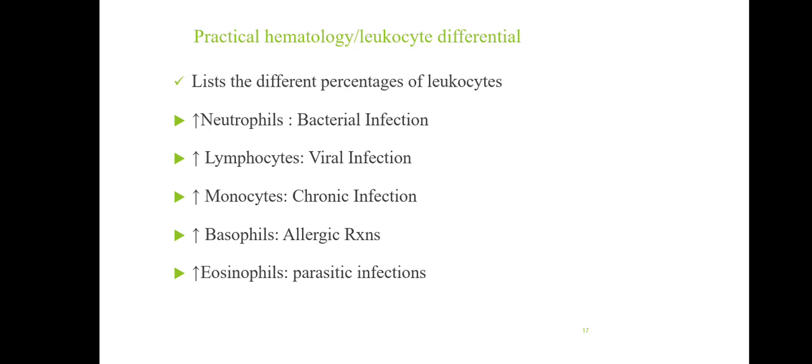We mean that in case someone has gone for a full blood count and they see increased production of neutrophils, lymphocytes, monocytes, basophils, eosinophils, how are you going to know which infection it leads to? These are the differentials, how you can differentiate one disease from another.